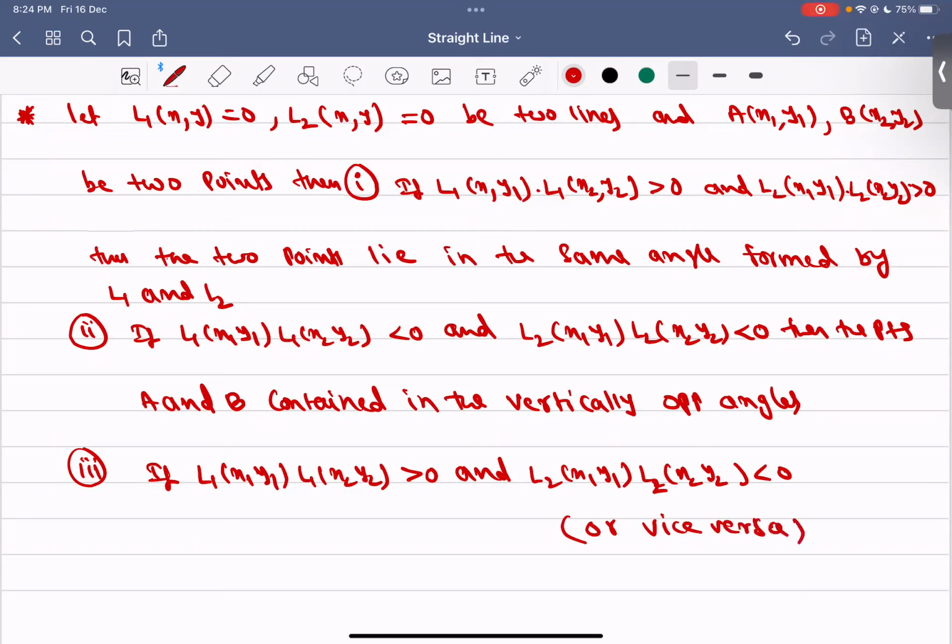Vice versa means L1 of x1 y1 into L1 of x2 y2 less than 0, and L2 of x1 y1 into L2 of x2 y2 is greater than 0. Means one is positive, one is negative.